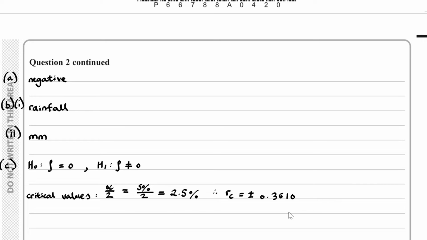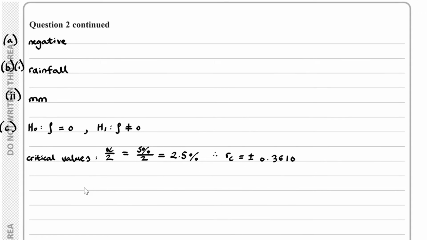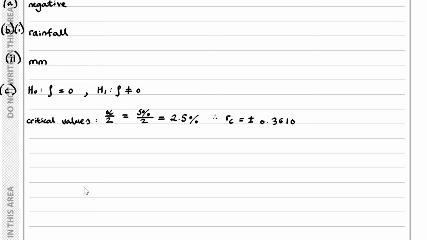0.3610. And at this point, I think it will be a good idea to sketch a quick diagram to help visualize where we would reject H0 and where we would accept H0. So for our critical values, we've got over here this 0, okay? So we have over here a 0, and we've got the -1 effectively here and a 1 effectively over here.